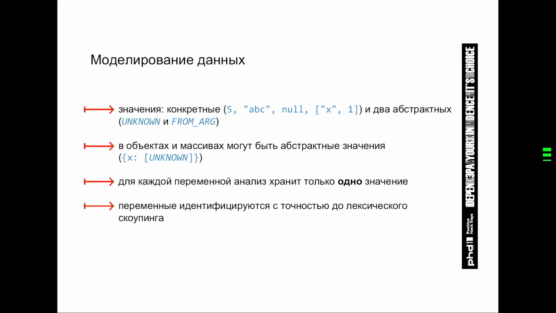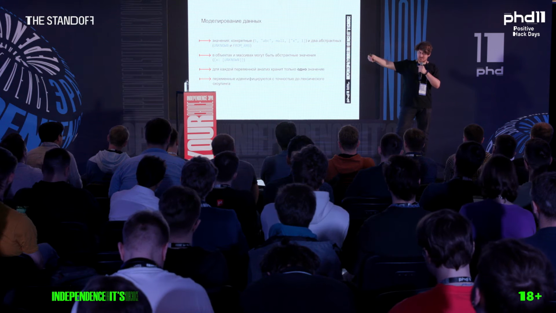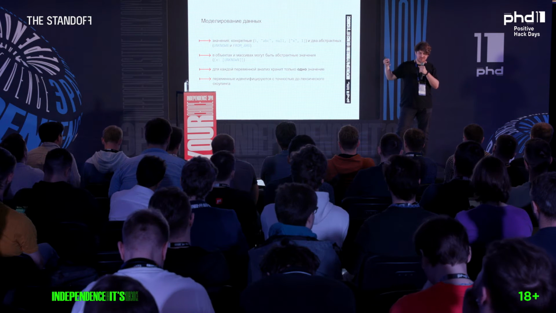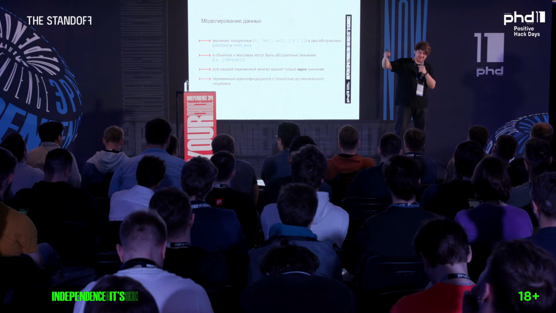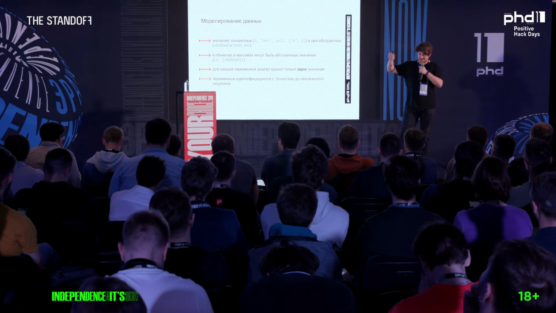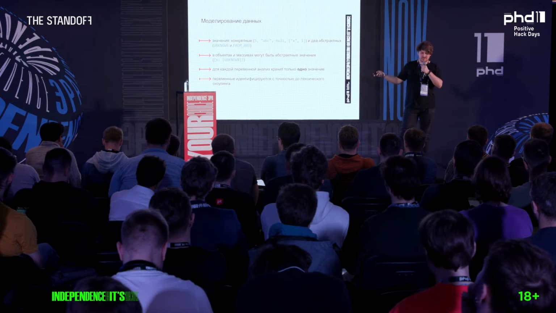Unknown means that this is something that we don't know, and from arg means that it comes from the formal arguments of functions. When we look at that function, we don't know the values inside the arguments. You can only tell when it's invoked. So for unknown values of function arguments, from arg is used.